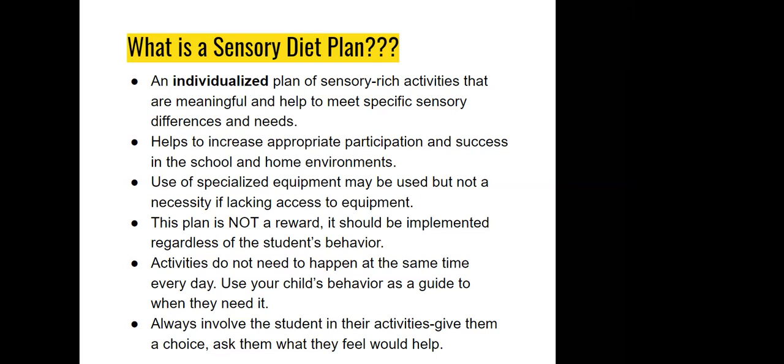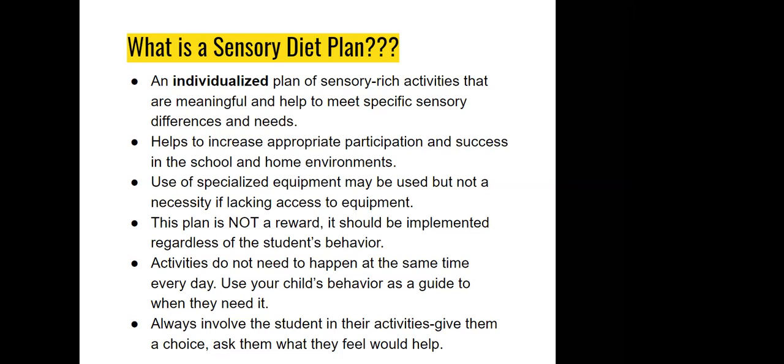I don't usually set up activities to happen at the same time every day. I want the teacher to read their child and figure out, okay, we need a sensory break right now. Or if you know that math work is a struggle, a sensory break before that would be a good plan.